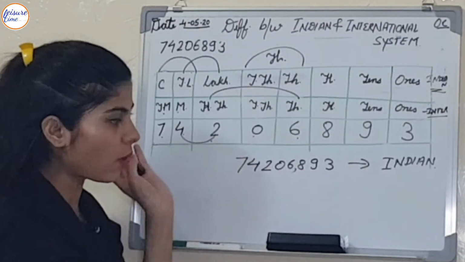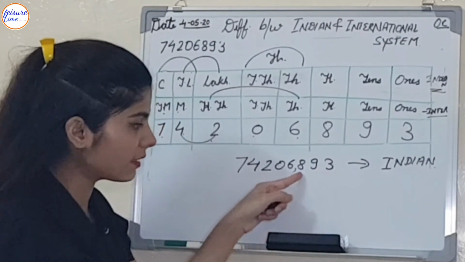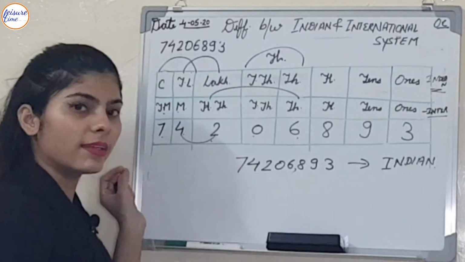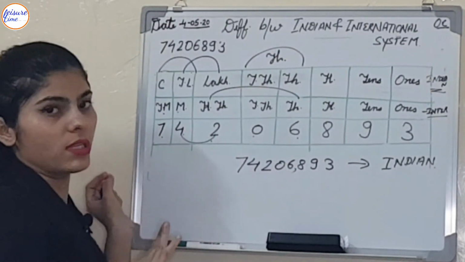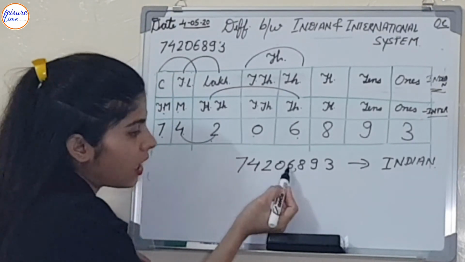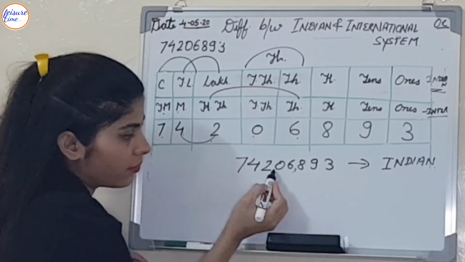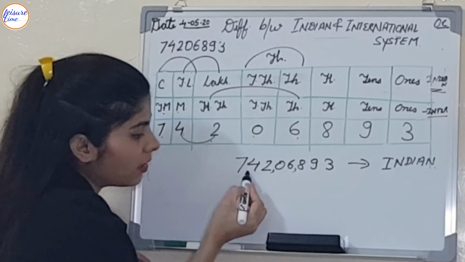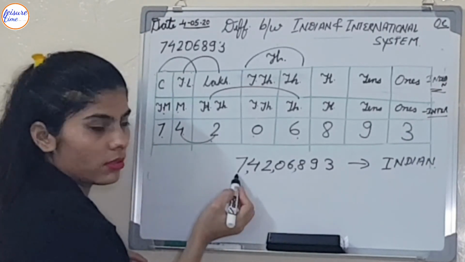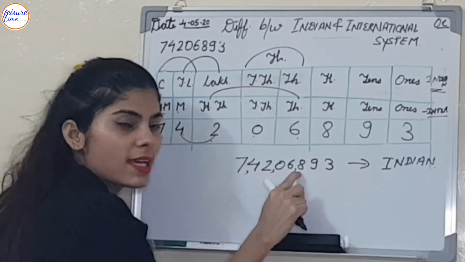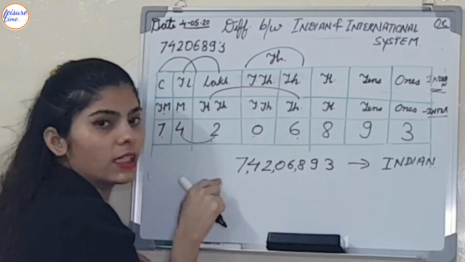Only one time you place a comma after 3 digits, and after that 2 digits, then 2 digits, then again 2 digits. So ones, tens, 100 finished, 1000, 10,000, then comma. Lakh, 10 lakh, then a comma, then crore. For the Indian system, firstly you place a comma after 3 digits, then 2, and again 2.